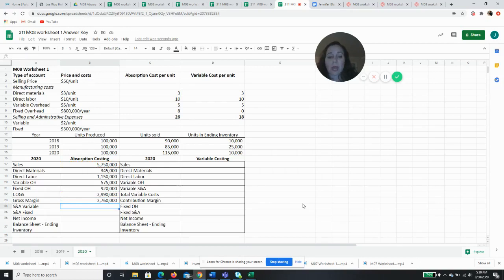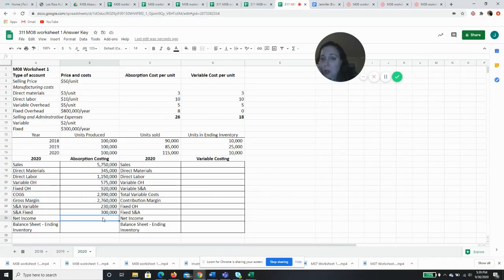Then we are going to subtract our variable S&A, which is the number of units we sold, 115,000, times $2 a unit, for $230,000. And we're also going to subtract our fixed selling and administrative. This could be anything from our CEO, maybe to our accountants. It could be sales salaries.